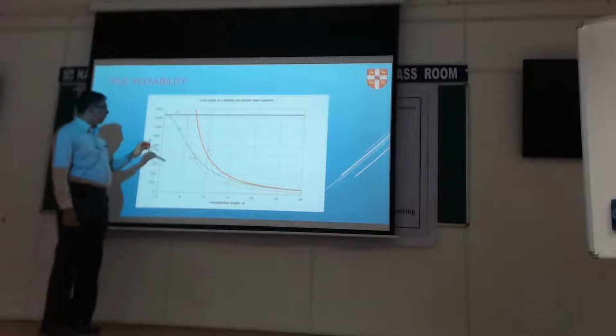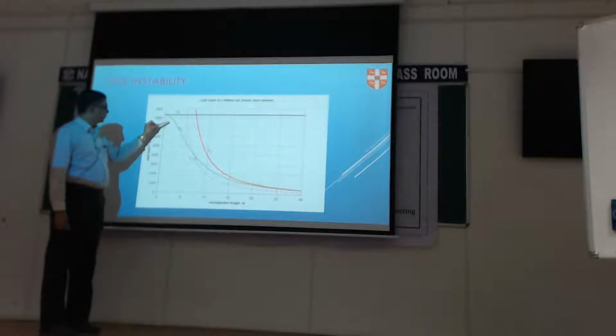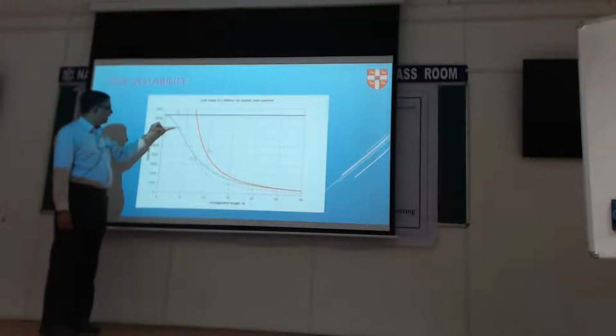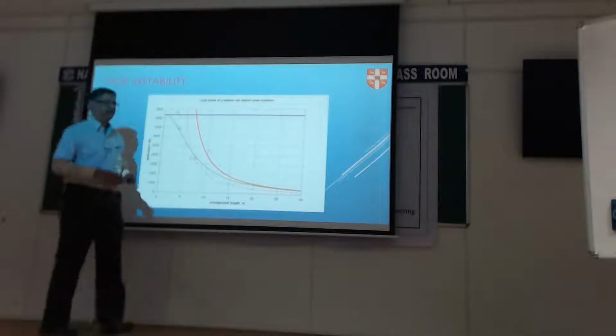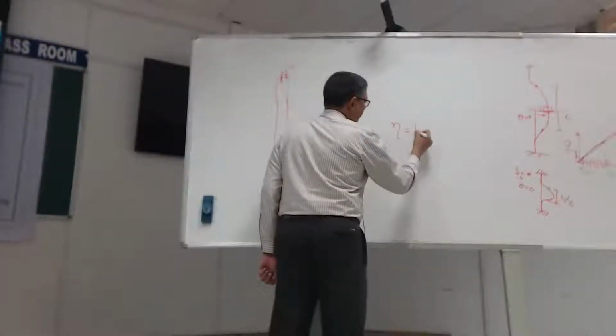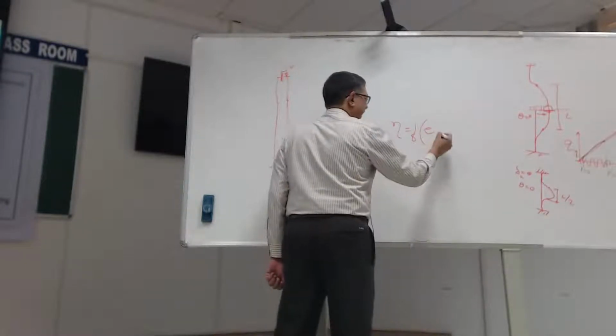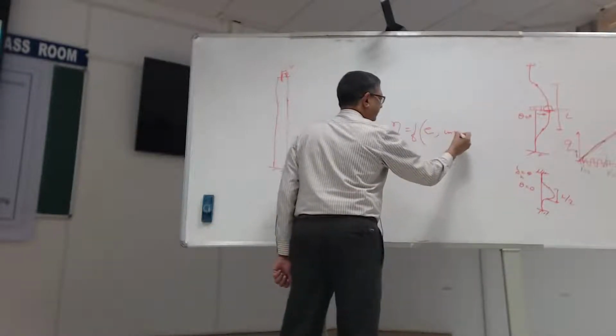Now, what you can do is, between the two, you can have this eta, which is a function of eccentricity and imperfections.